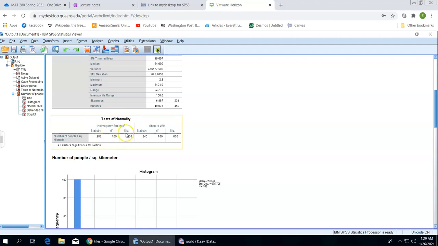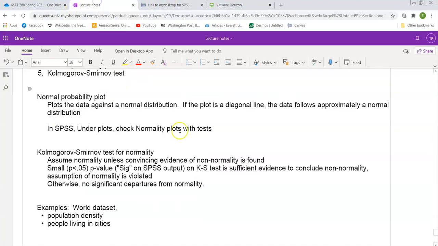The sig gives you your p-value. And again, if you remember, small p-values indicate that you're able to conclude the thing you're testing for. Here we got a sig of 0.000, meaning that we can conclude this data violates normality.